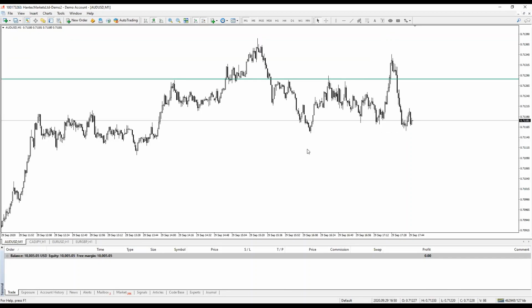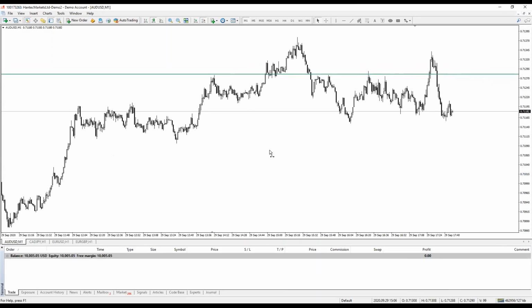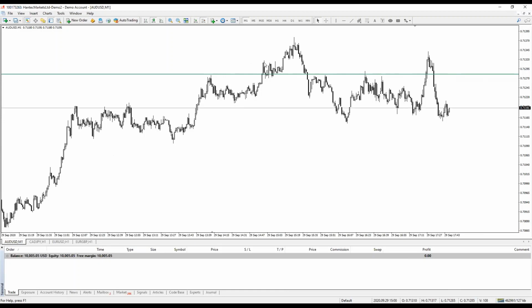Let's move to M1. Okay, so the last swing was price making this high and then racing for a while, and then breakout and fake out, right? So that fake out had broken this demand in the context of strong demand. So that tells us for the very first time that price is no longer in the hands of the buyers, and sellers are starting to take over.